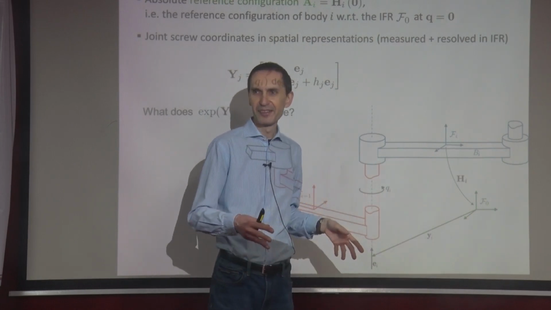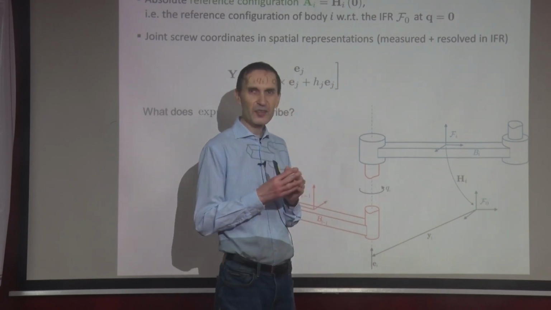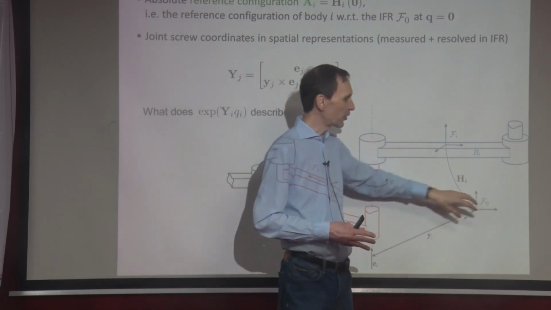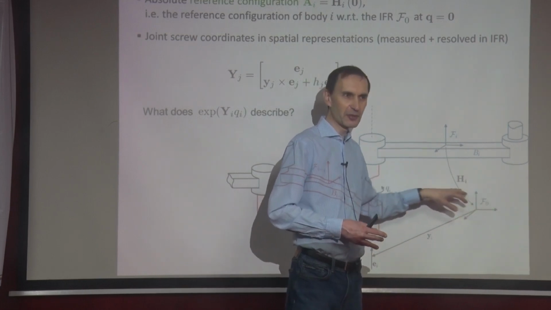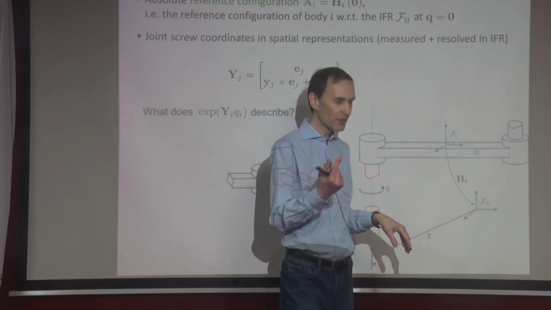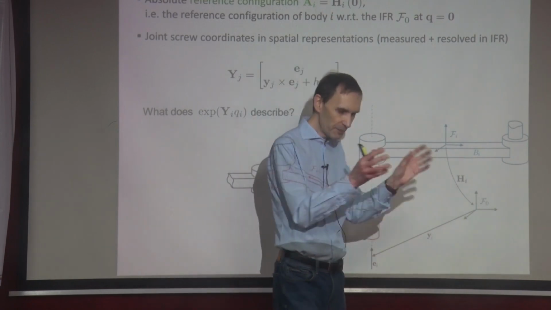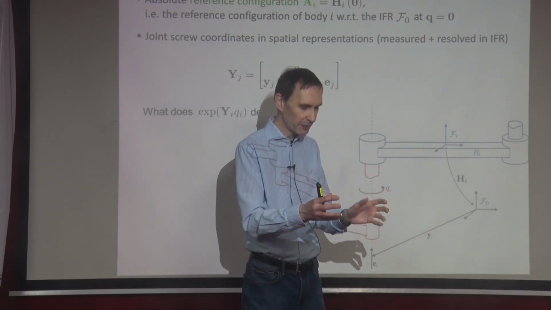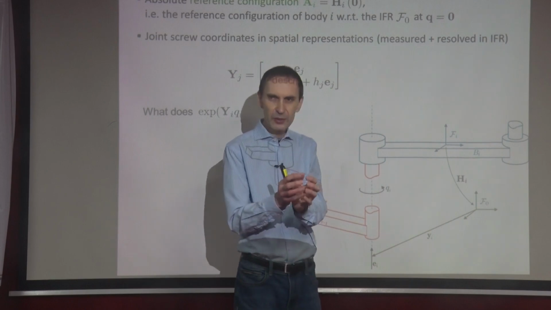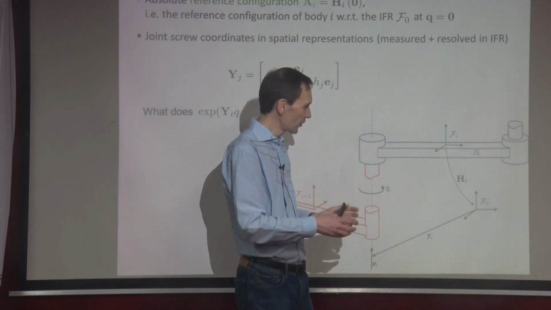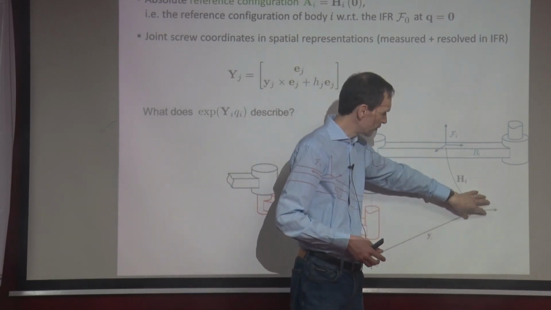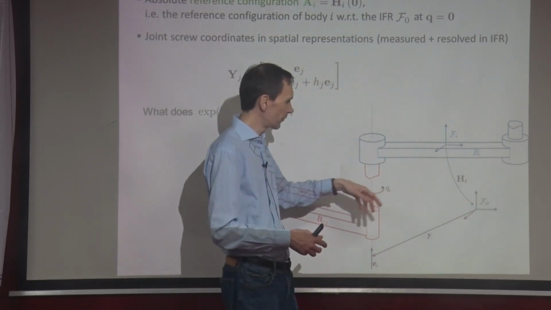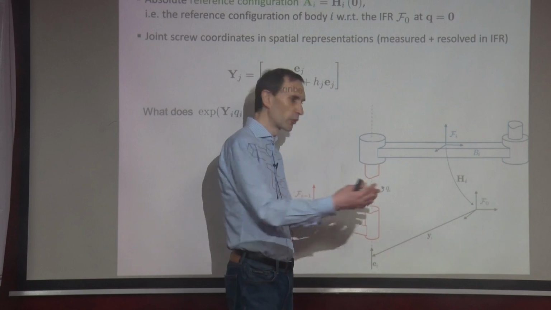The correct sentence would be, it tells you how a copy of the frame would be moving. And that's interesting, because you just have a frame, and then we say, what happens if we have a screw motion, how would this frame be moving? That is exactly what it tells you: how a copy of this inertia frame, this space-fixed frame, would be moving.